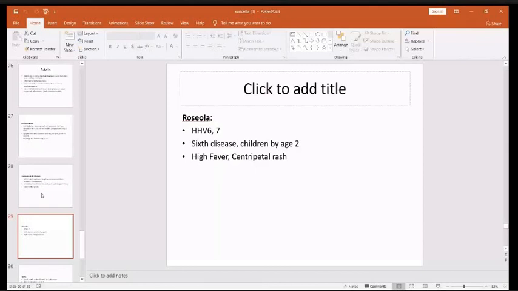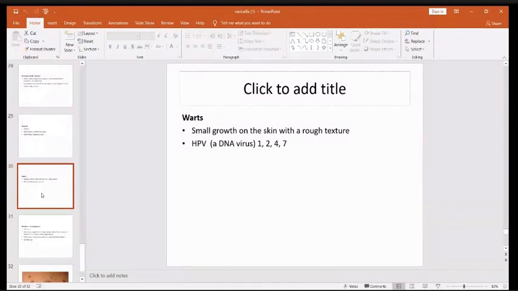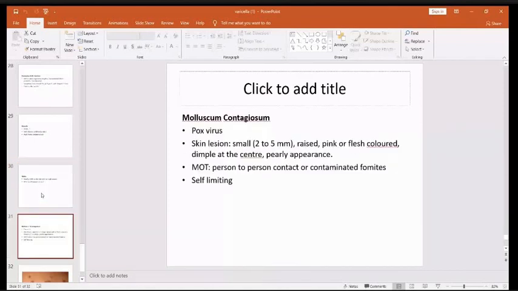Warts are also a viral infection. Warts are slightly raised, uniform lesions, and the common viruses producing skin warts are human papillomavirus 1, 2, 4, and 7. So warts are caused by human papillomavirus, which is also a DNA virus. The next infection that can be associated with skin lesions is molluscum contagiosum, which is a pox virus, and it produces a raised pinkish lesion which has a depressed center.